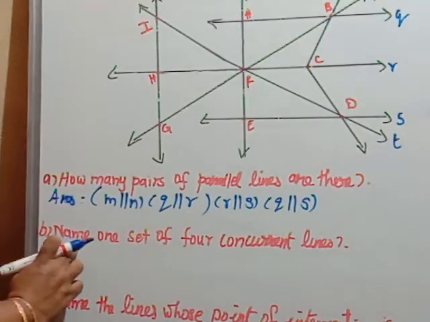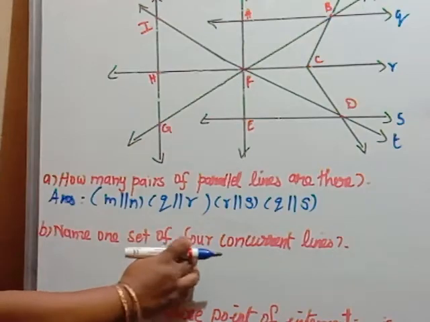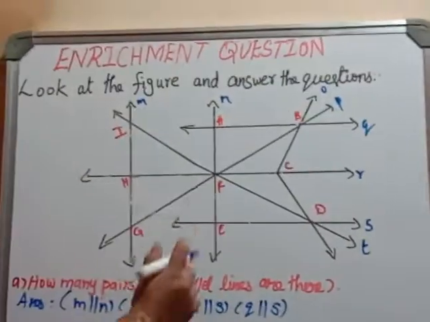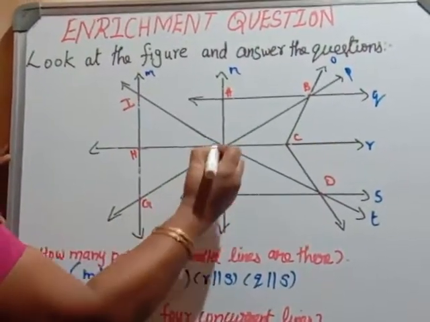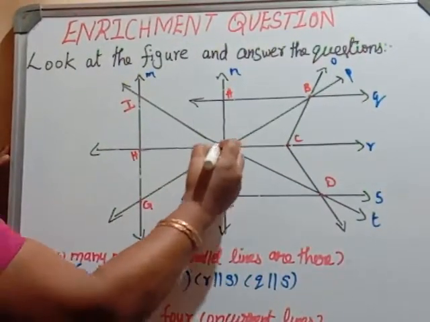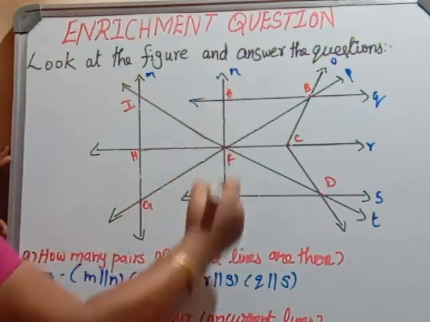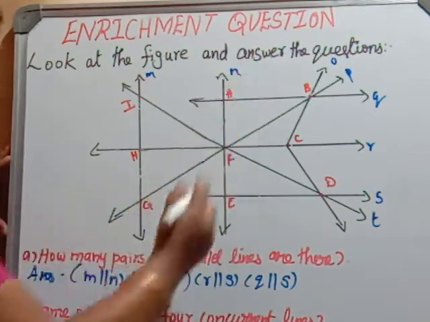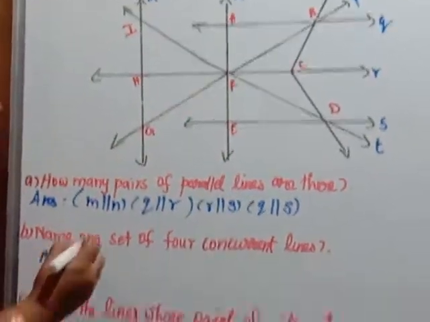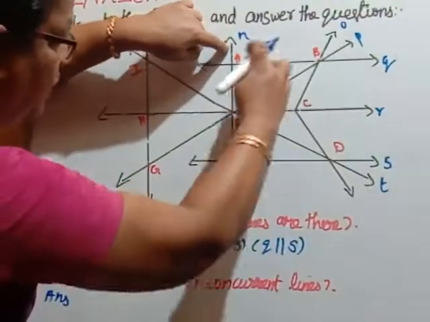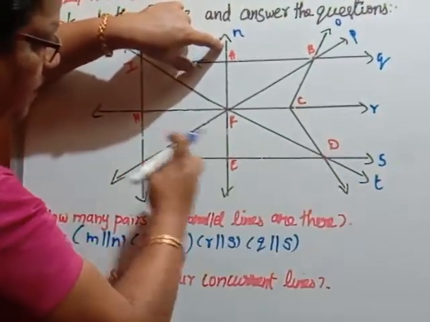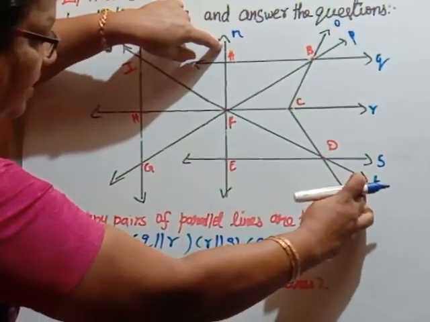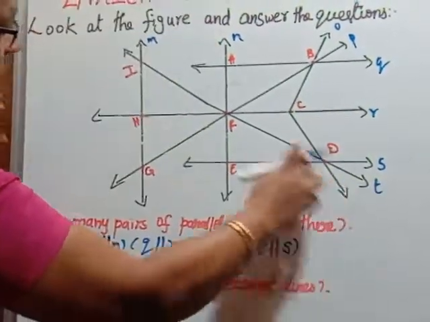Second question. Name one set of 4 concurrent lines. That means all the 4 lines should pass through the same point. Here, we'll take F as the middle point. Through F, which lines are passing? See, line N is passing through F, line P is passing, line R is intersecting, and line T is also passing through that.